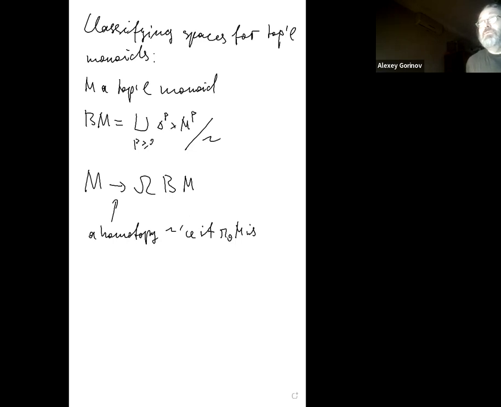Why? Well, because omega is an H space. So in order for this map to be an equivalence, we need pi naught of M to be a group, and this is also a sufficient condition.